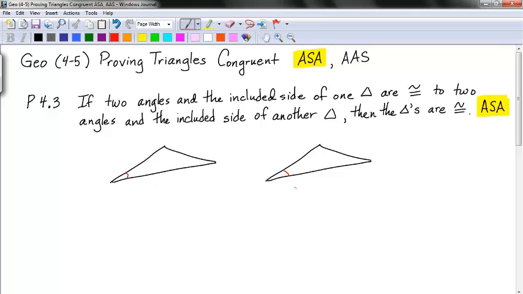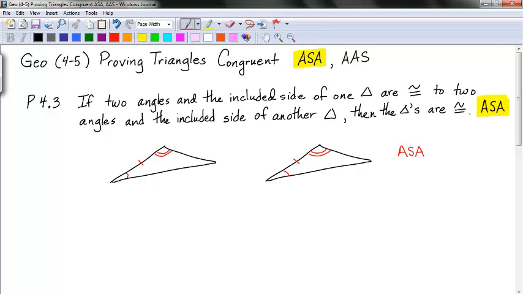And when you're looking at your iPads, those marks are pretty small, so remember, you can enlarge your pictures to see those. And label this angle is congruent to this angle. And then it has to be the included side, so it's got to be this one congruent to this one. That's going to be the angle, side, angle. So now you've got side, side, side, side, angle, side, and angle, side, angle.